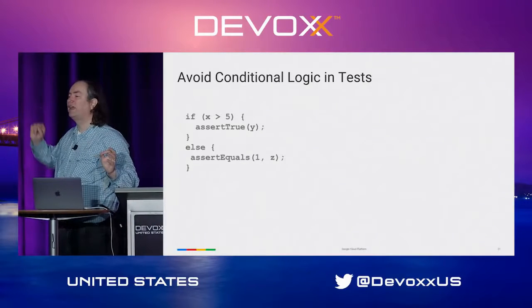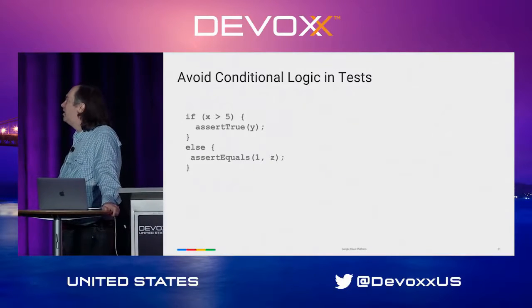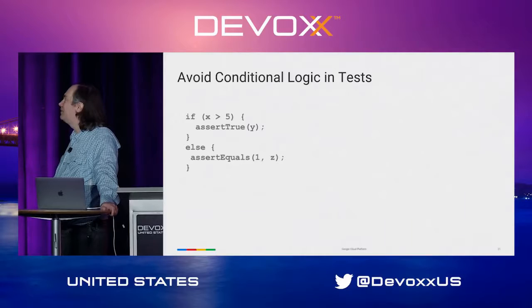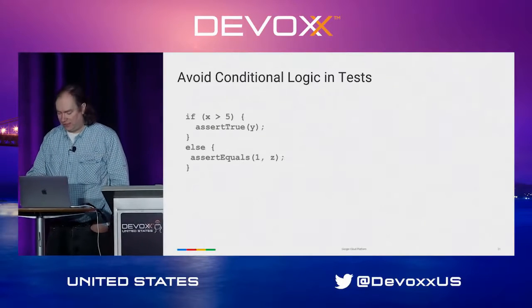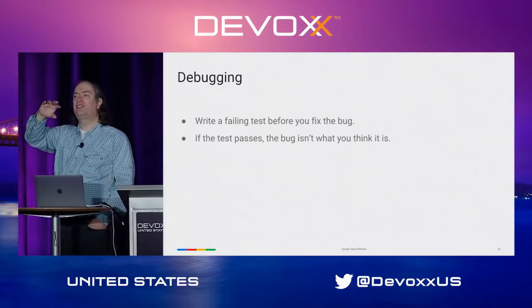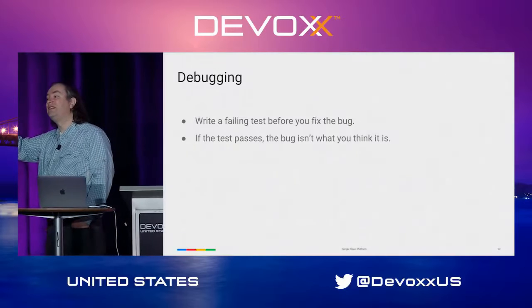When you see something like this happening, the risk becomes that one or both of these are not actually executing. You may not be testing what you think you're testing. You may not be getting the coverage you need. It is very easy for these tests to not actually run when conditional logic sneaks in. Again, remember: known fixed input, known fixed output, and no choices in the middle.